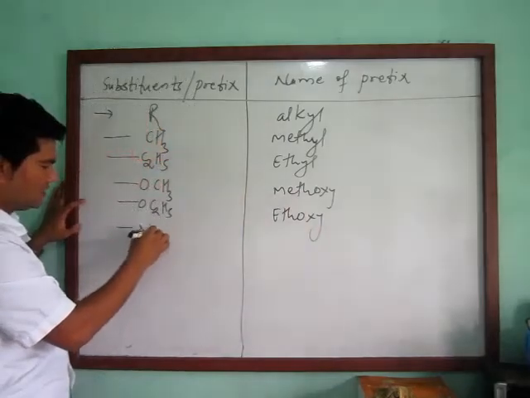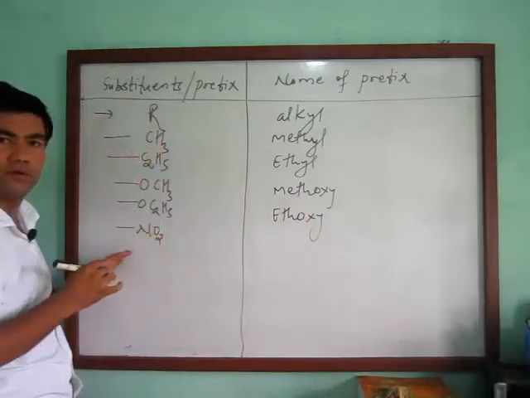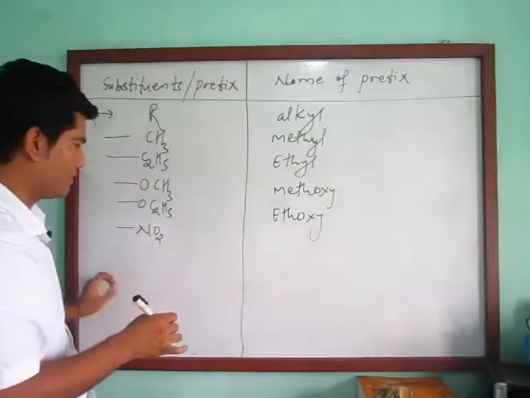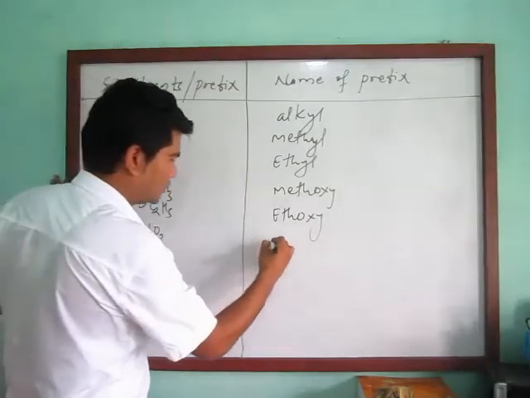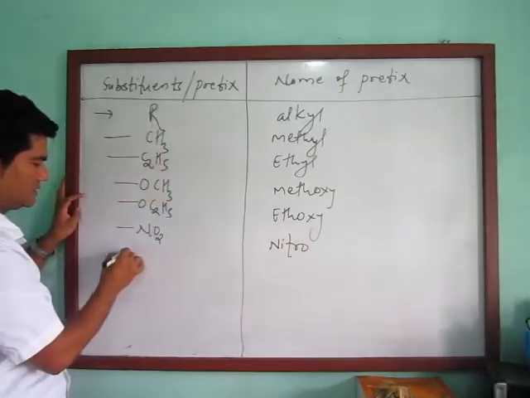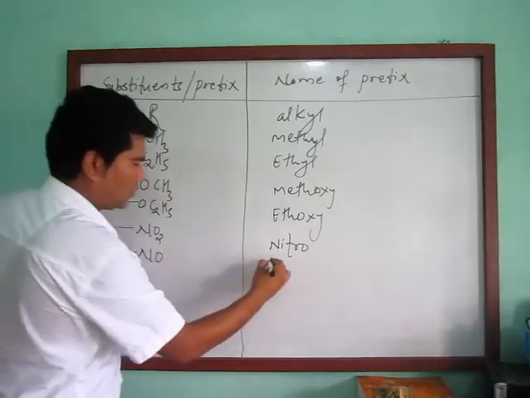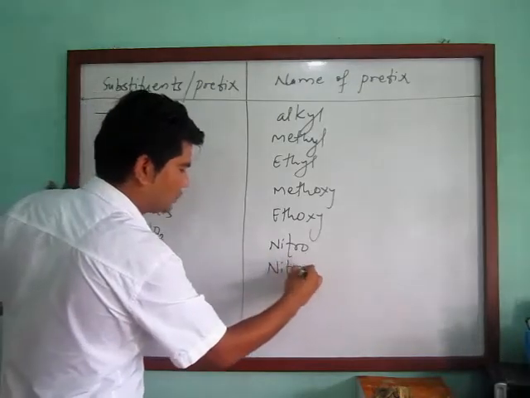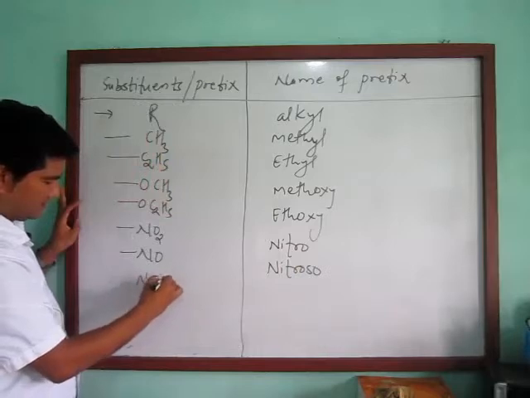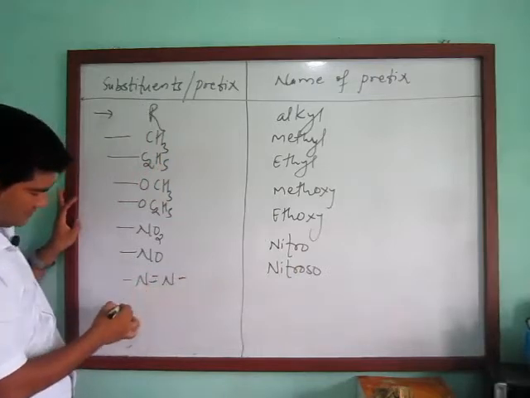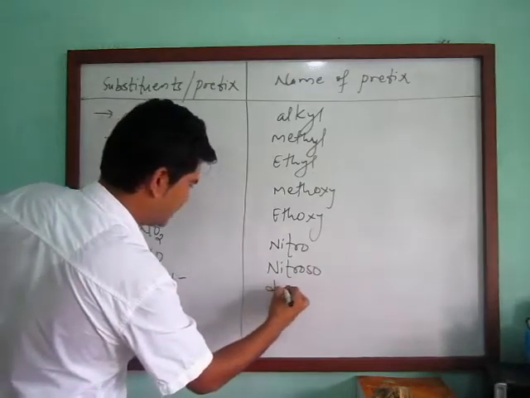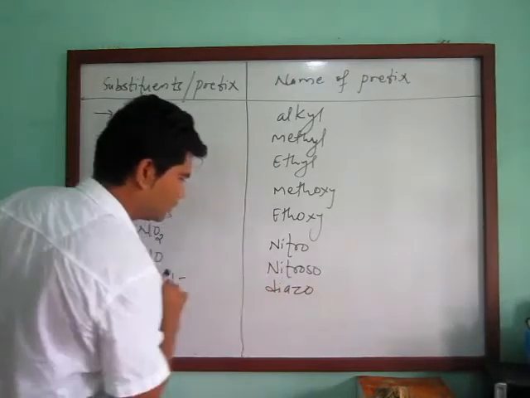Similarly, if an NO2 group is branched in the given organic compound, then we should write nitro as a prefix for the NO2 one. Similarly, NO, this one is nitroso. Similarly, for two nitrogens attached to each other like this, this one is diazo.